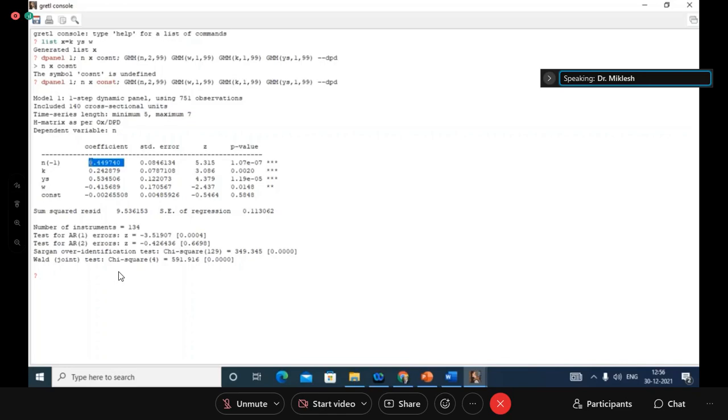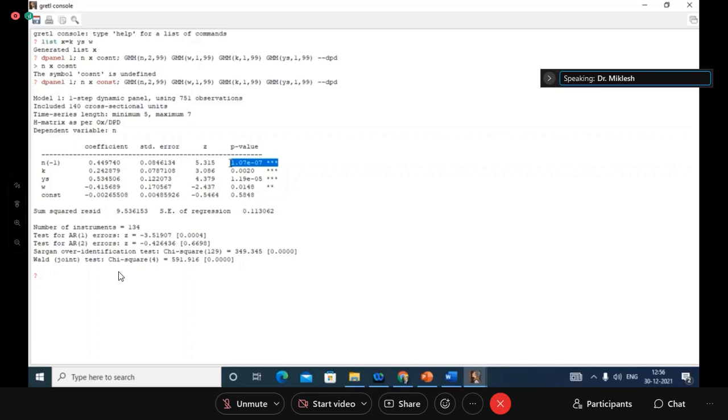So this is less than 1 and significant also. If it is not less than 1 and not significant, what does it indicate? It indicates that there is no requirement of dynamic. You are simply applying it, but it is not required. Why? Because n minus 1 is not significant.